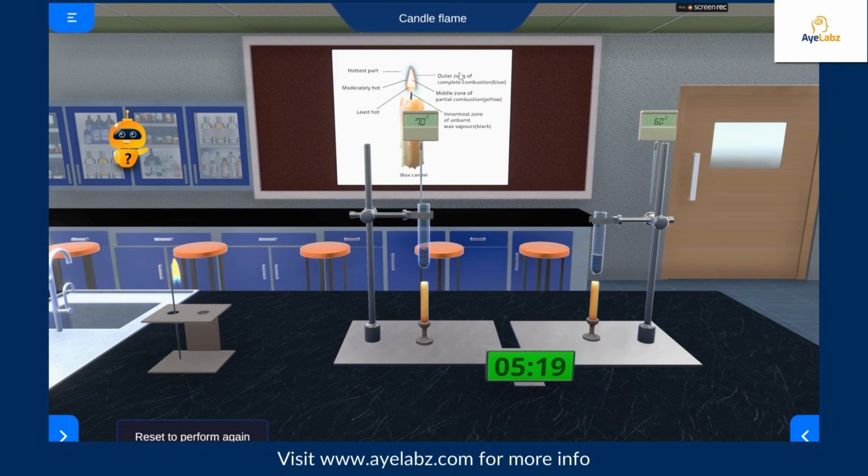The outer zone has complete combustion, the middle zone partial combustion, and the innermost zone has unburned wax vapors. And the top layer is the hottest part of the candle. That's why the temperature increased to 70 degrees Celsius for the first candle.